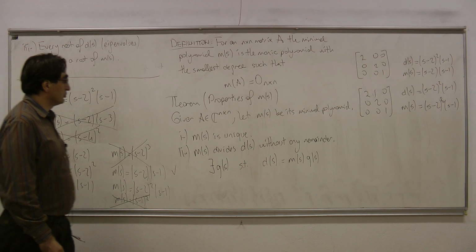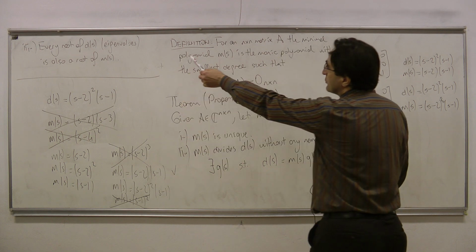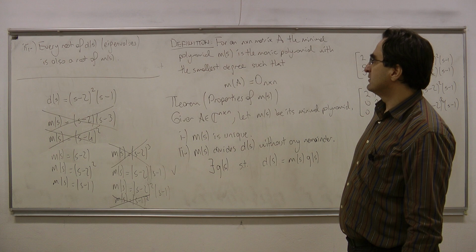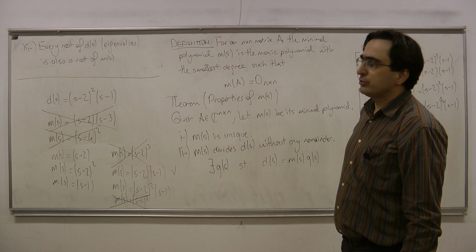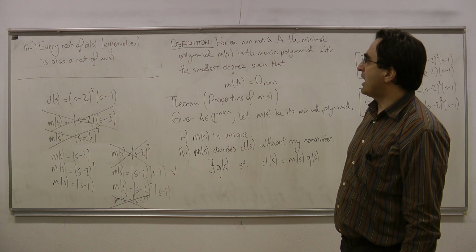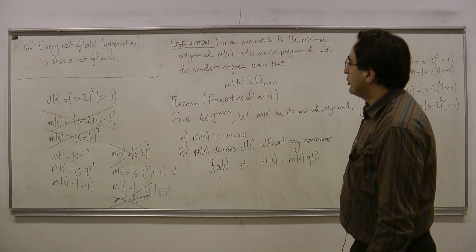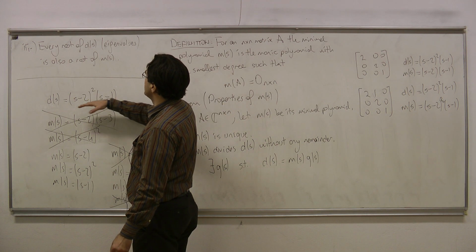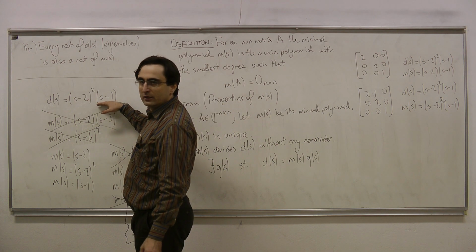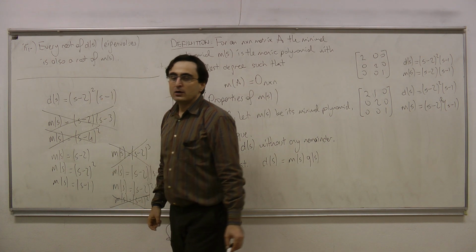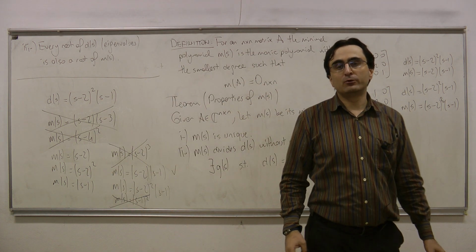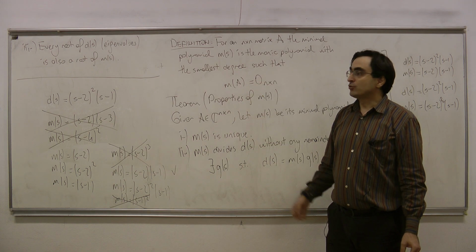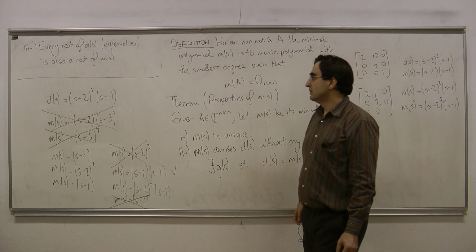I'm not sure. So now let us look at the third property. Every root of d of s, the eigenvalues, is also a root of m of s. So the third property tells us that every root of d of s, here the roots are 2 and 1, okay? 2 and 1 should both be a root of m of s, according to the third property. All right? So what does this mean?